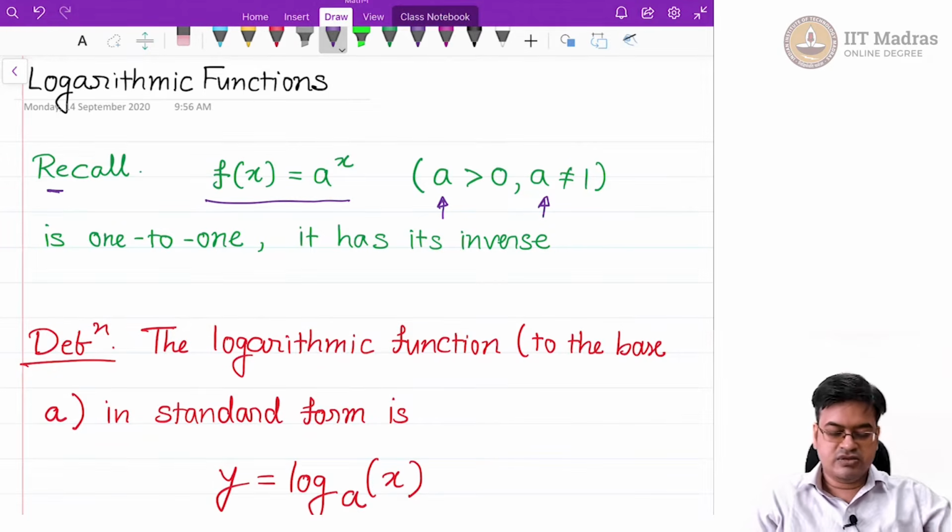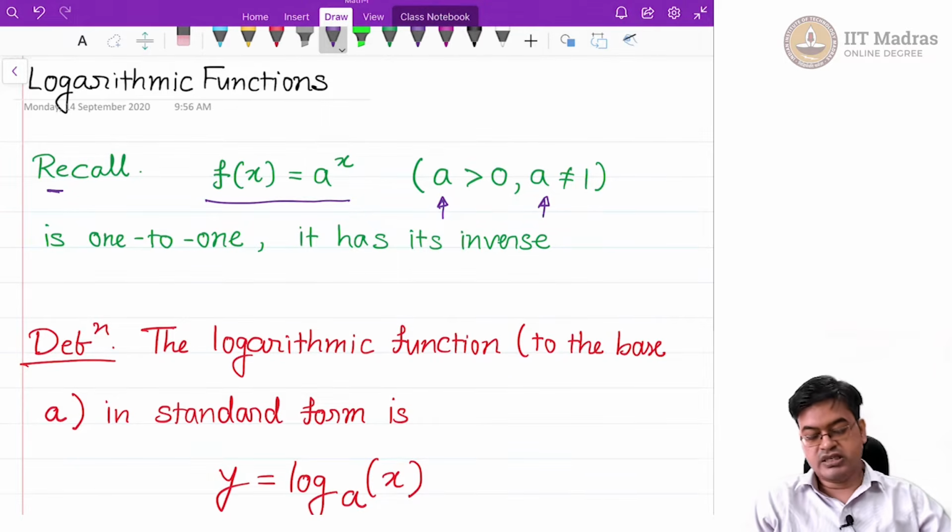A greater than 0 is a typical condition which we need, because otherwise we have to deal with complex variables which is out of scope of this course. So we are putting a to be greater than 0 and a not equal to 1 is the condition, because if you put a is equal to 1, then f of x is equal to 1 raised to x, which is 1 for all of them. So it's not an interesting function to study.